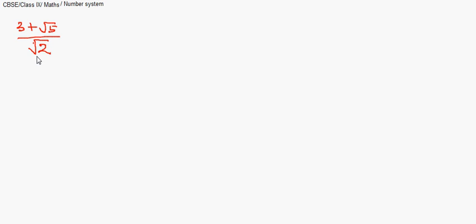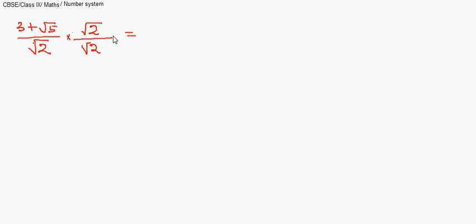Because it has a root 2 in the denominator, if I multiply by root 2, root 2 multiplied by root 2 gives me a 2. So when I multiply the denominator by root 2, I have to do the same in the numerator as well.